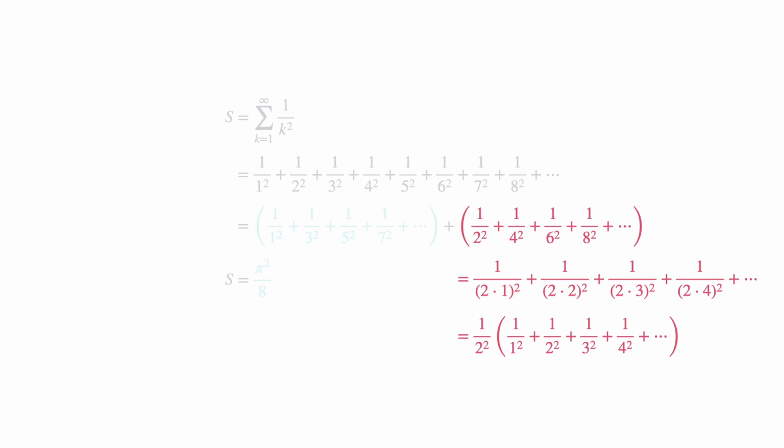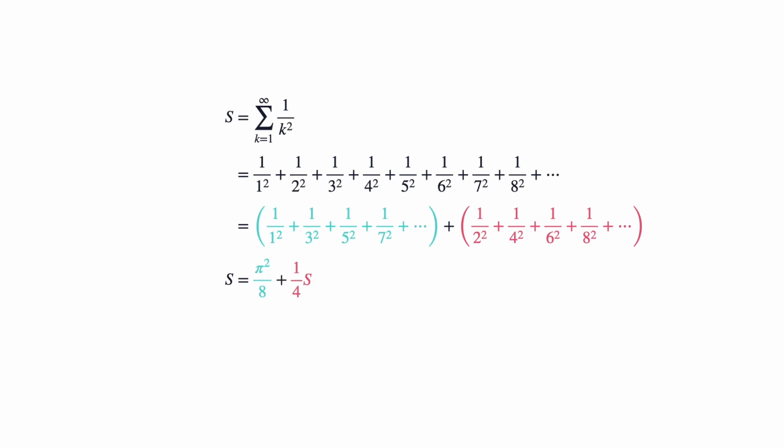It is the sum over all positive integers, which is S. Substitute that infinite sum as S, and our equation simplifies to one variable, S. Solve for S to equal pi squared over 6, which is our solution to the Basel problem.